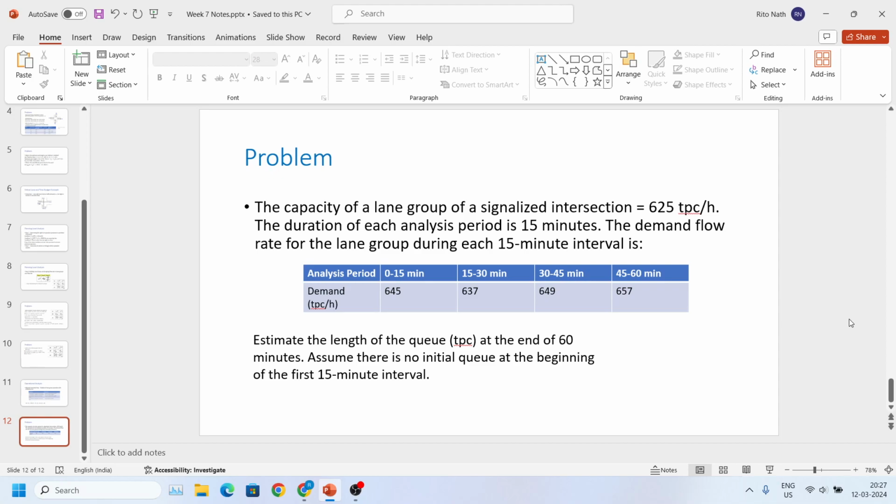And if V and C, the demand and the capacities, are given, you can calculate the values of the other terms, which are directly related to the length of the queue. Let's see how we can solve this.